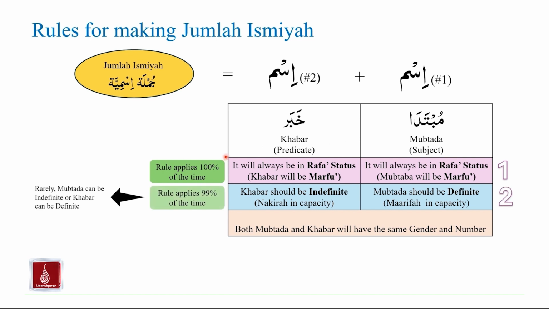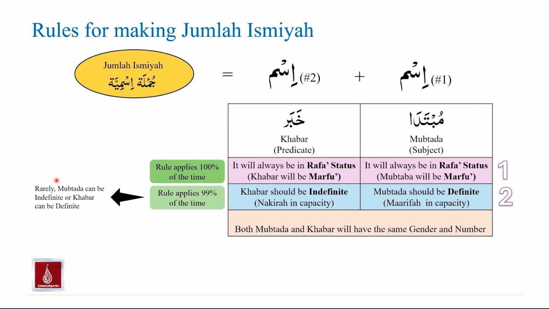The second rule is that mubtada should be definite or ma'rifa in capacity and khabar should be indefinite or nakra in capacity. This rule is applicable approximately 99% of the time.